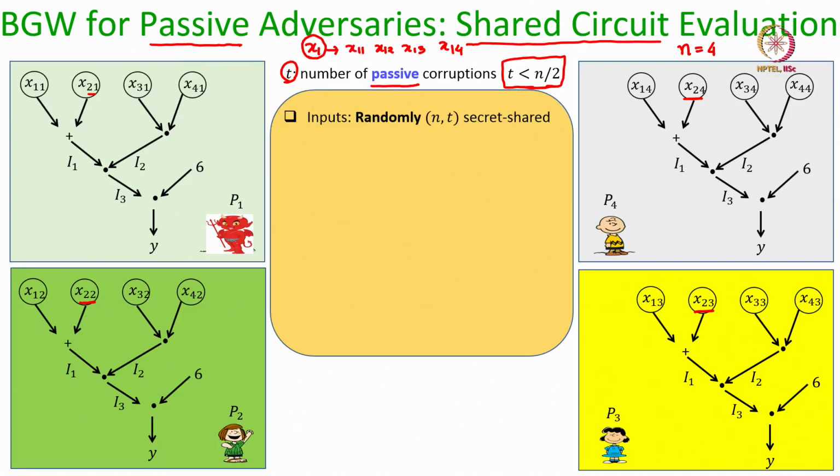Now, let us stop here for a moment and try to understand how much information an adversary who can corrupt up to T parties learns about the inputs of the other honest parties.